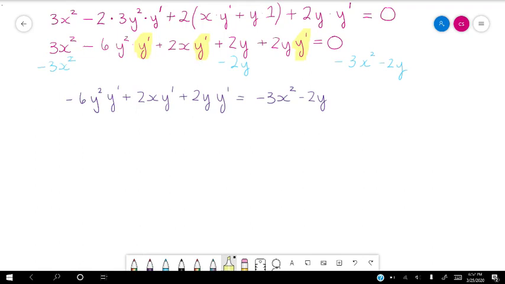Okay, and again, feel free to highlight all your y prime, because that's what we're solving for. So it's just helpful to really see it pop.